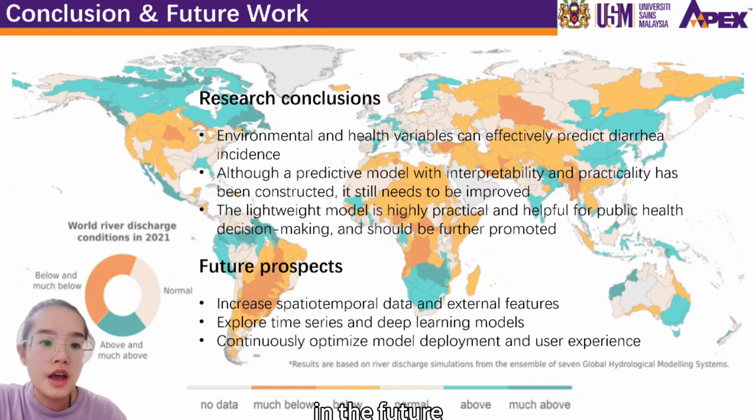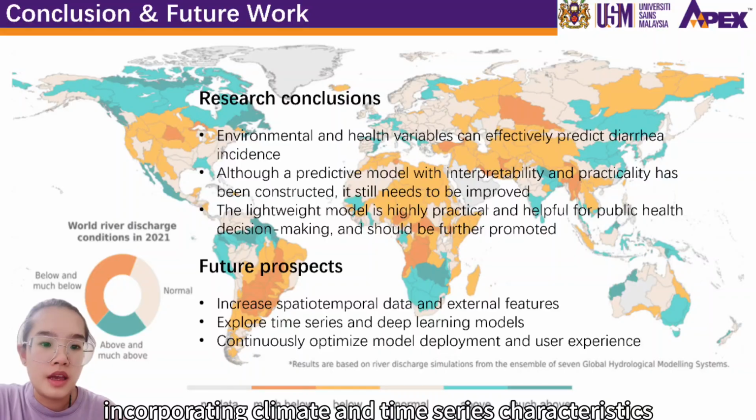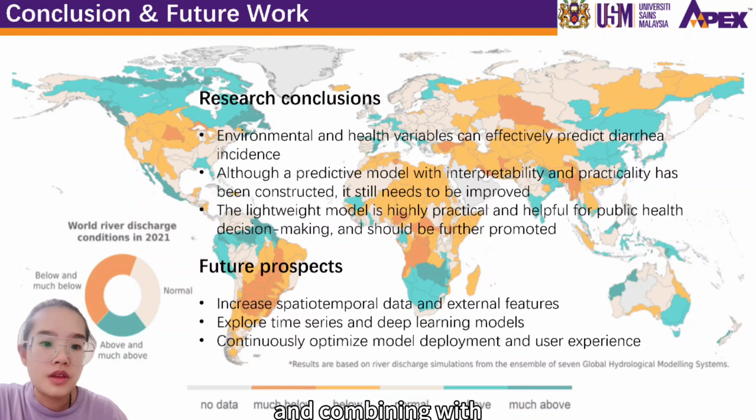In the future, I will further optimize the model, such as incorporating climate and time series characteristics and combining it with geographic information to improve the prediction accuracy, so that this research can be better applied to public health affairs.